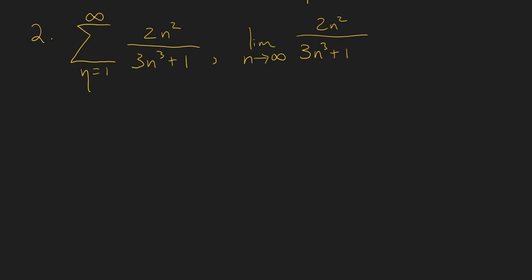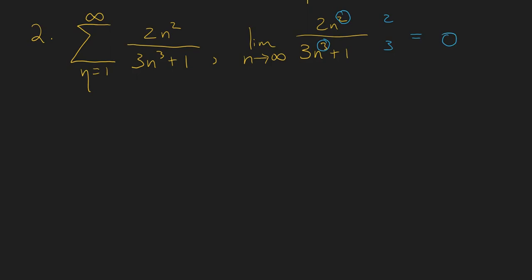But we could apply L'Hopital's rule a couple of times, or we can realize that the highest powered exponent in the numerator is 2, and the highest powered exponent in the denominator is 3. And since the highest powered exponent in the denominator is higher than that of the numerator, this would converge to 0.